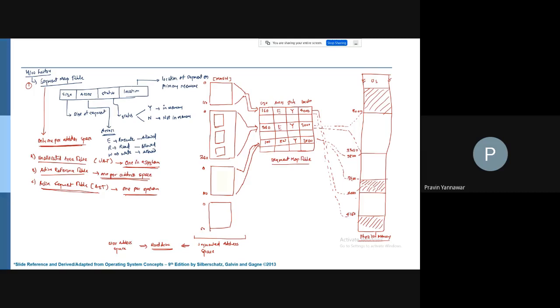The active reference table, which is one in the system, plays an important role in maintaining the references of the active address spaces. The active segment table is one per system. So these are the four hardware which are required for the segmented memory management scheme.